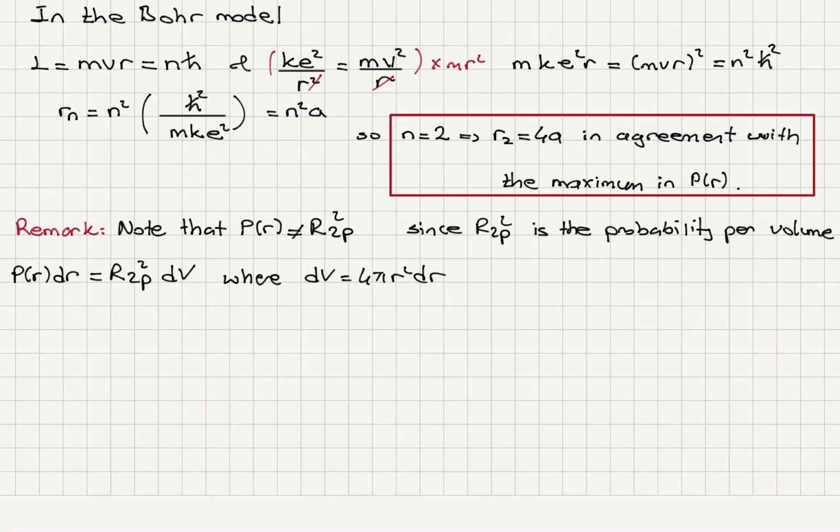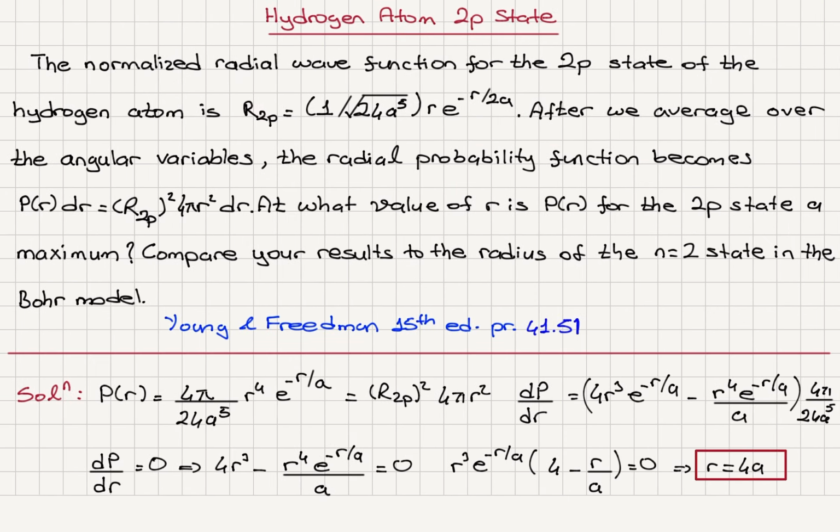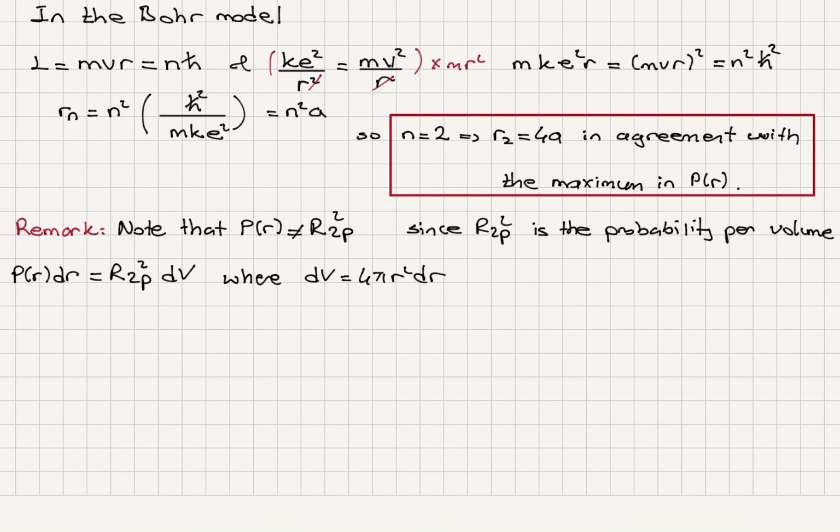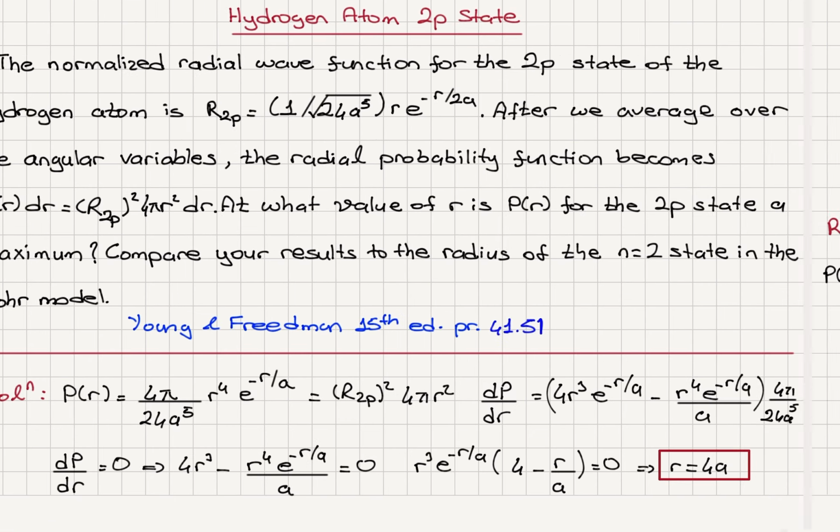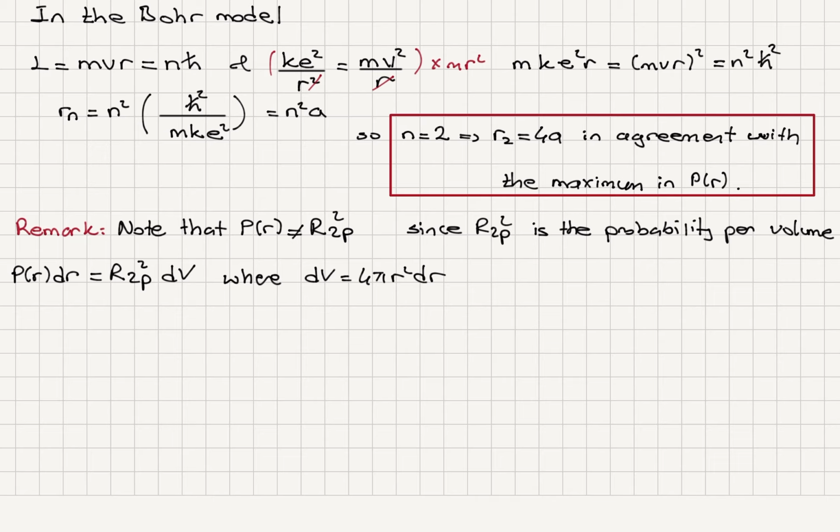And for n equal to 2, that's 4a, in agreement with this result. And finally, I have this remark here: the absolute psi squared is the probability per volume. So we have to be careful with that when we use the radial distance as the dimension that we're worrying about.